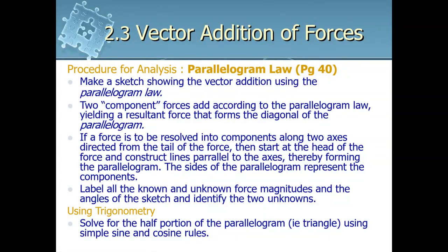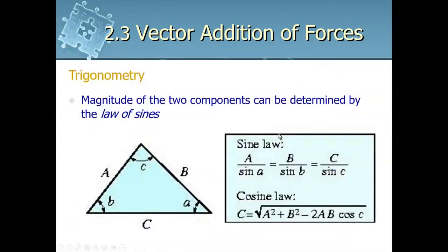And of course, to solve that triangle, you have to label your triangle or parallelogram properly. And then how do you solve that? The solution of that is by using the trigonometry. And I would need to refresh your memory from high school.